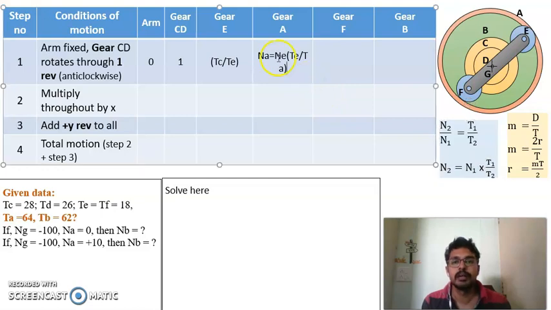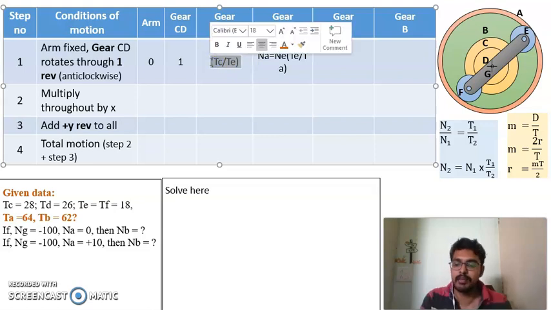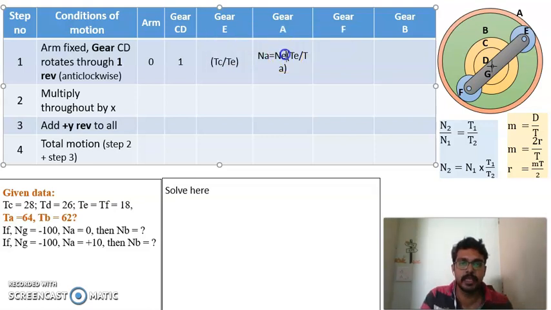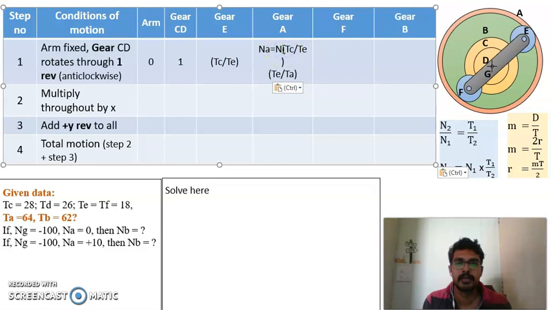Now, the speed of gear E is equal to Tc by Te. So I will copy this from here and replace it here.